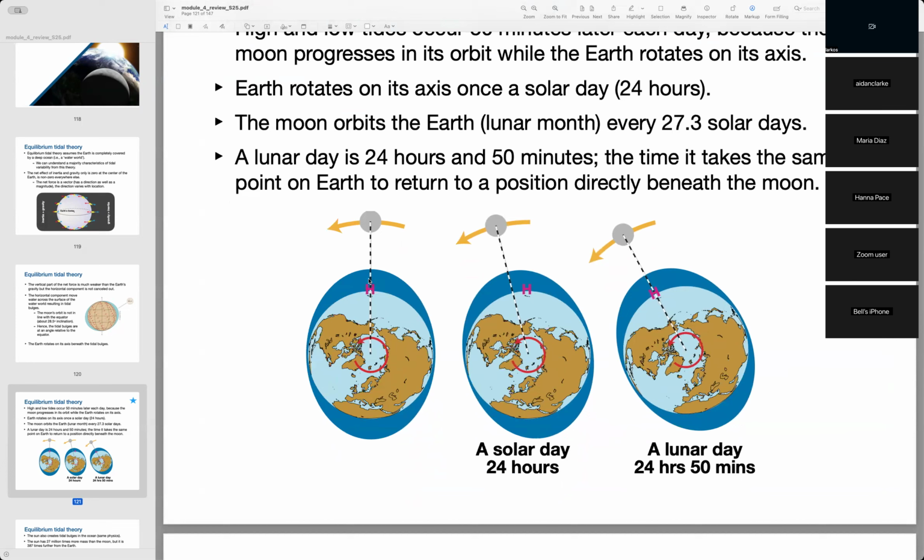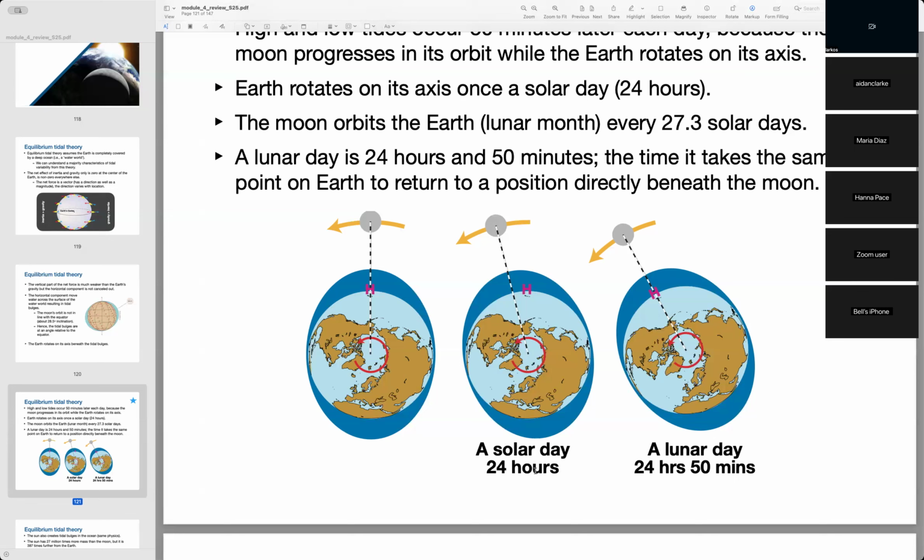And you see that if the Earth rotates in 24 hours around its own axis, then you would certainly generate two bulges, two high tides and two low tides in the course of a day. But the period is not exactly a day, because in the course of the day, the moon also moves.